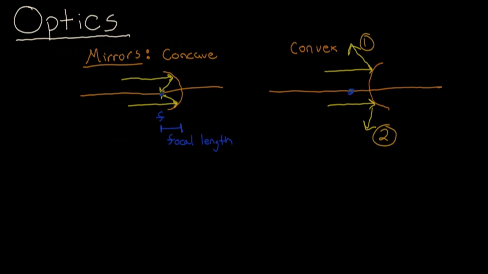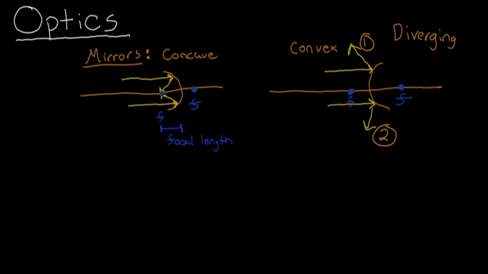However, this focal point still exists. It just has nothing touching it. So these two focal points on either side still exist, same as here, right? But as you can see, for a convex mirror, those light rays are diverging. So that's why convex mirrors are also known as diverging mirrors.